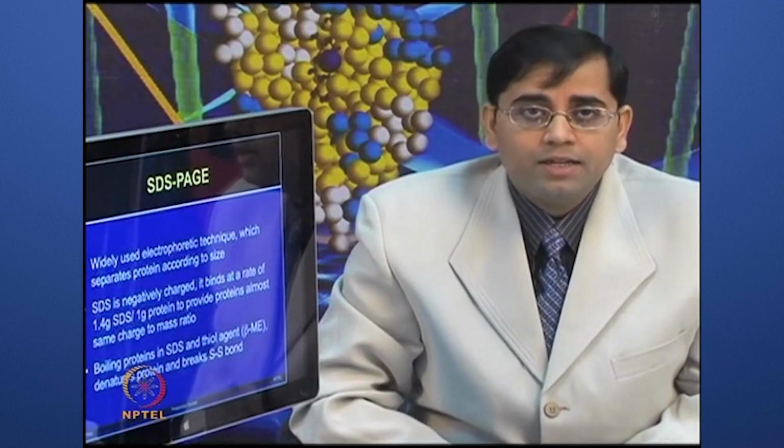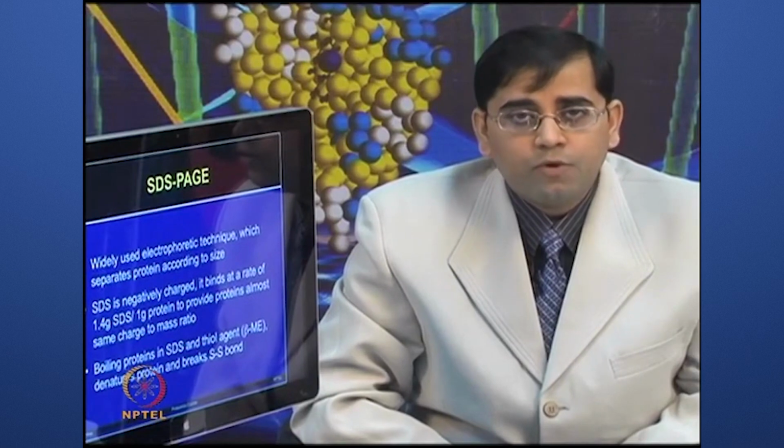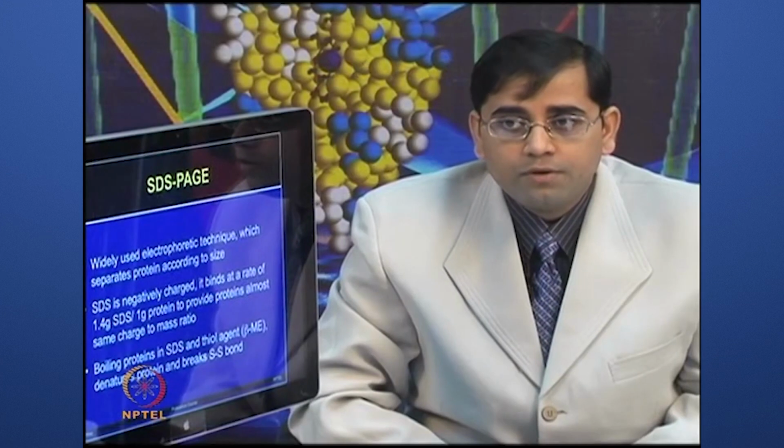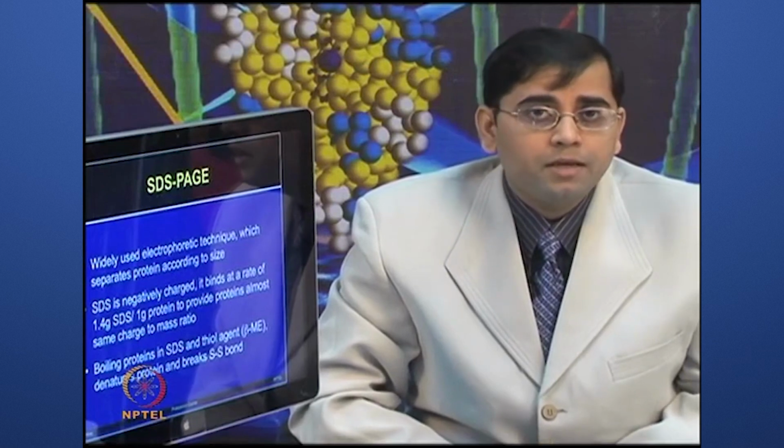So, SDS page is one of the very widely used electrophoretic techniques which separates proteins based on their size or molecular weight. This molecule SDS or sodium dodecyl sulfate, which is an anionic detergent, provides negative charge. It binds at a ratio of 1.4 gram of SDS per gram of protein to provide almost similar charge to mass ratio. Therefore, your protein separation will be mainly based on mass in the electric field.